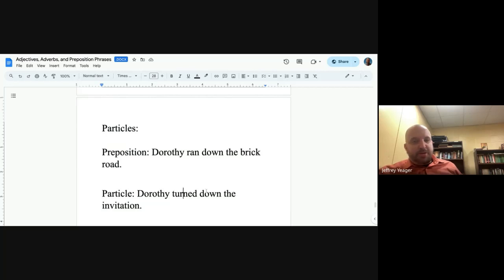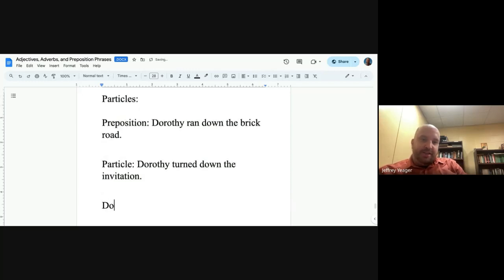But then we have this random word down, and we don't really have anything modifying down. So a way that we could reword this would be Dorothy turned the invitation down.